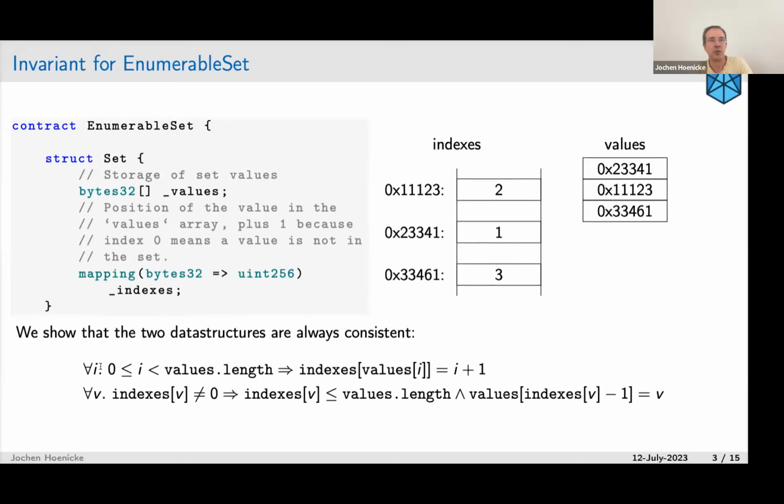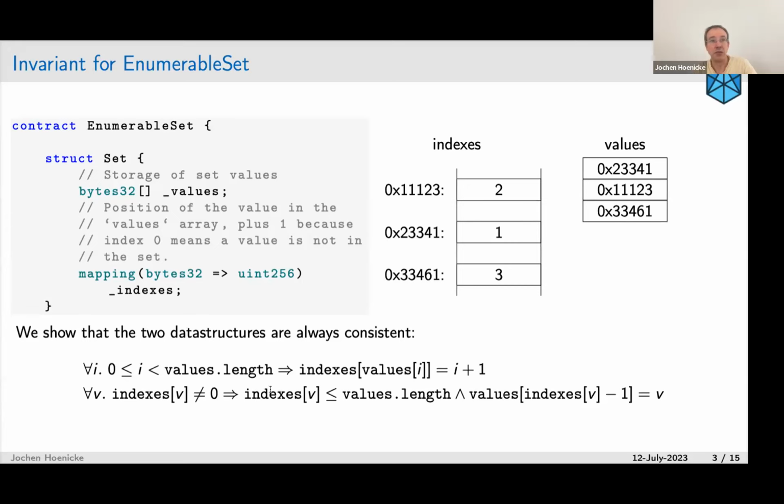And so we say for all indices I, if the index is an index into the values array, so it's smaller than values length and greater or equal 0, then this equality should hold: if we read the value at position 0, we get 0x23341, and we then reference it with the indexes array, then we get the index +1, because we always get 1 in the indexes array.